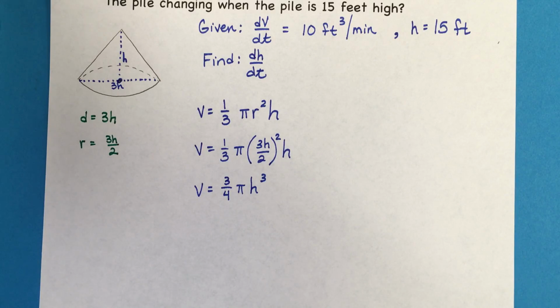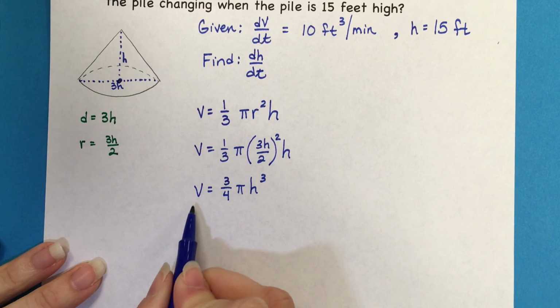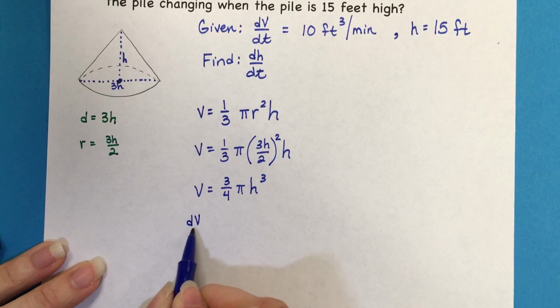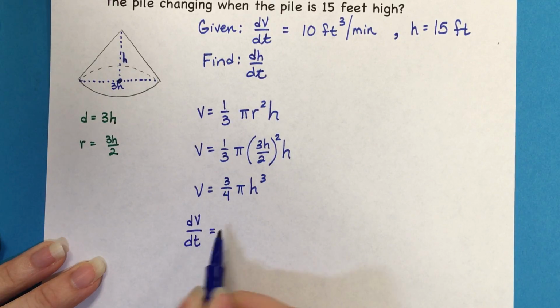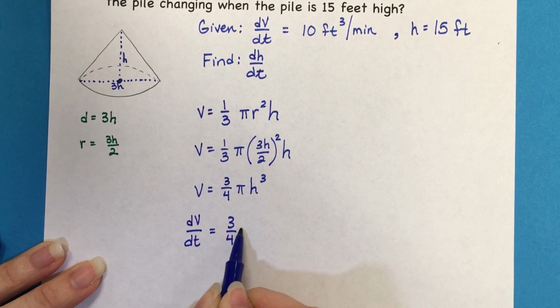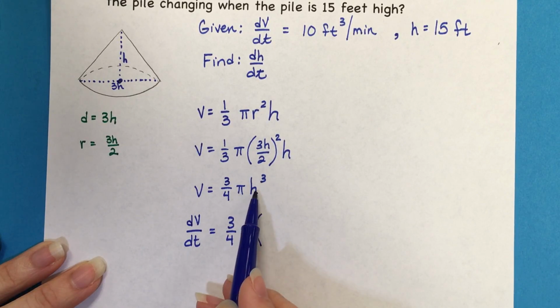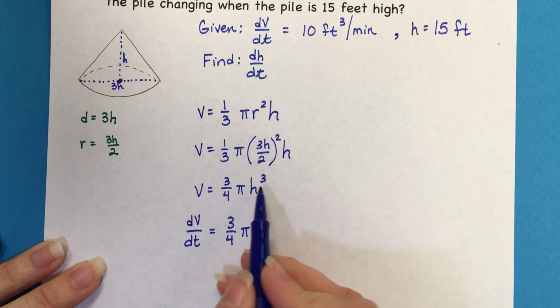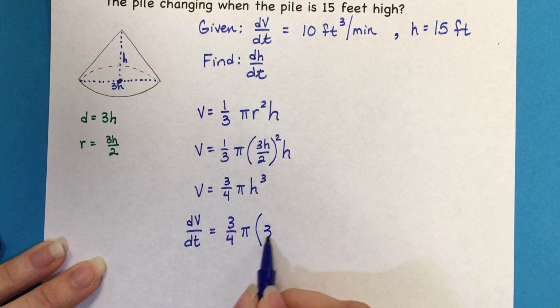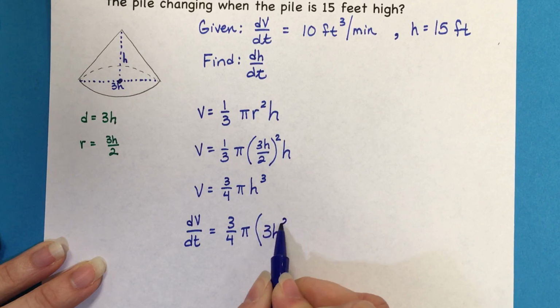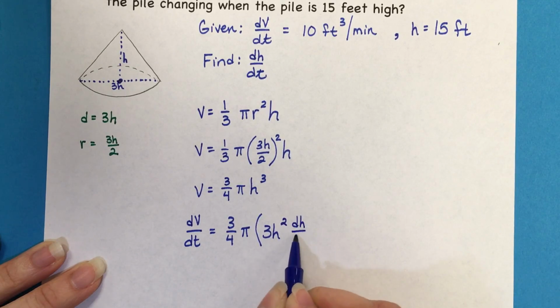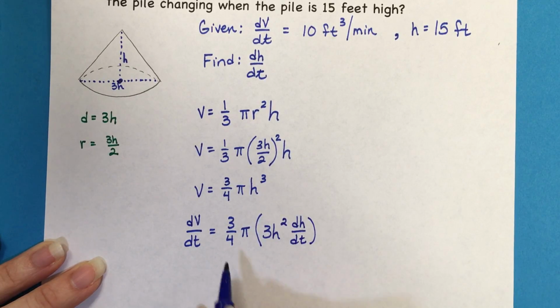Now you're ready to do the implicit differentiation. We would have dV/dt equals 3/4 pi, which is just a constant multiple. Now applying the product rule on the h cubed, that would give me 3h squared dh/dt. Let's substitute in our 15.